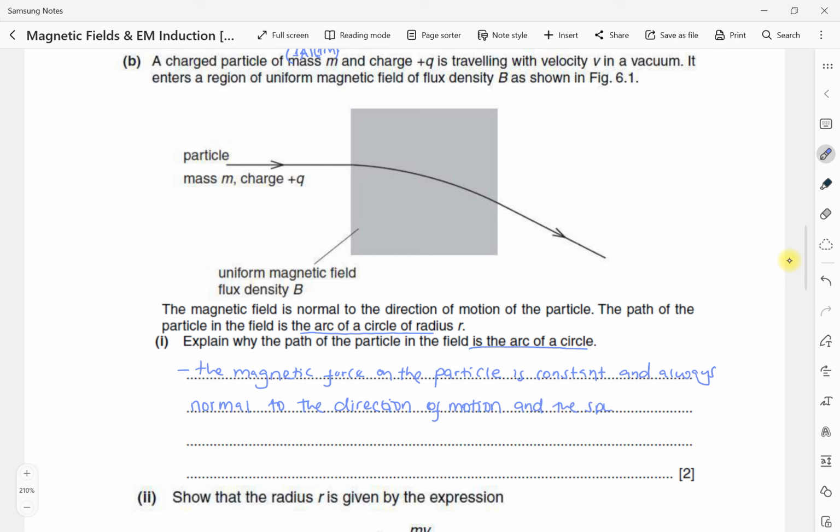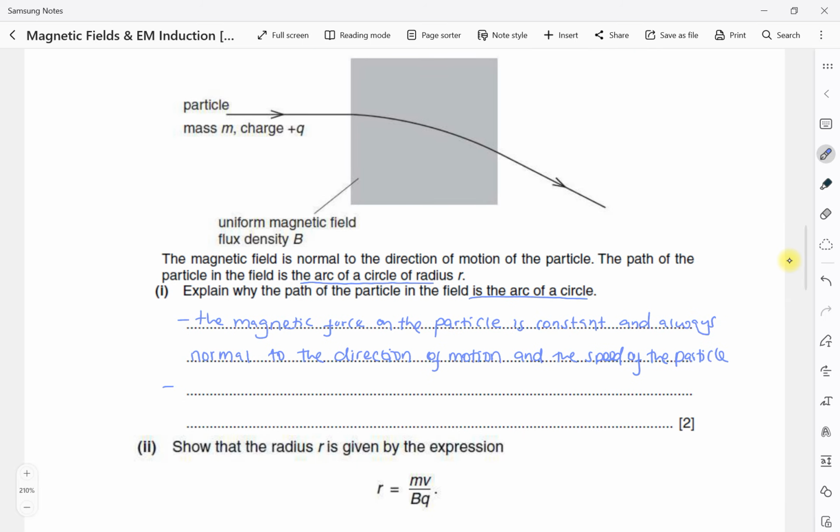The speed of the particle. It's always perpendicular to the direction of motion and the velocity of the particle. So the magnetic force does not change the speed because they are always perpendicular.